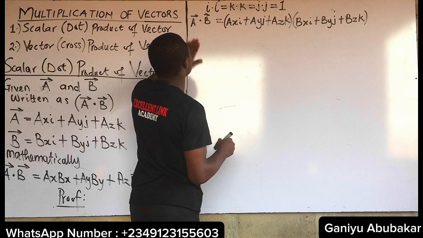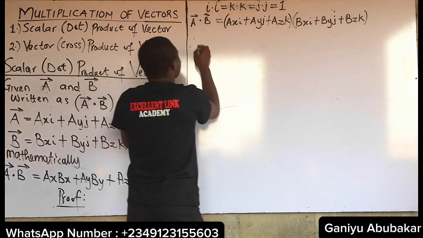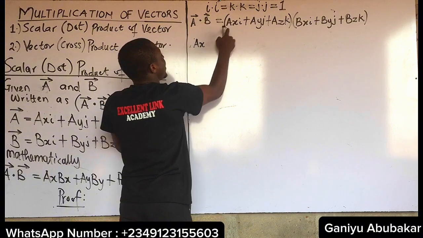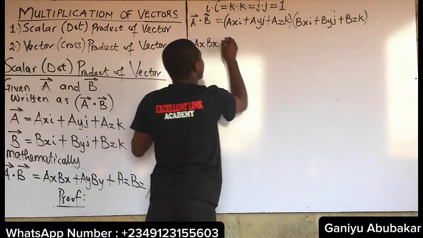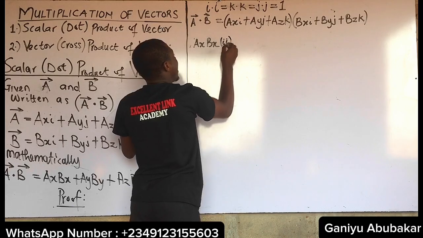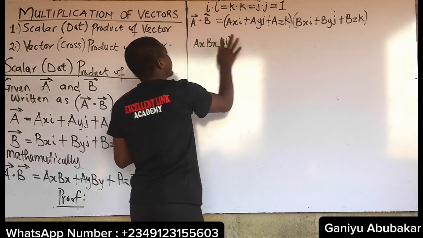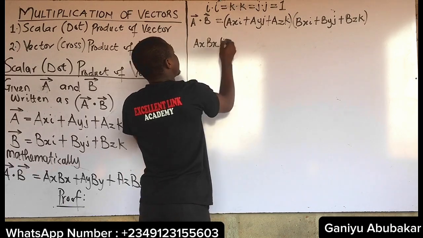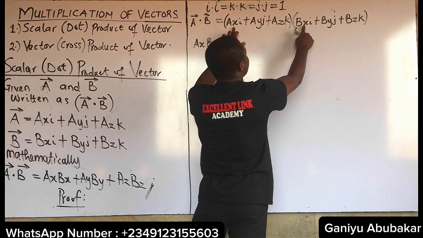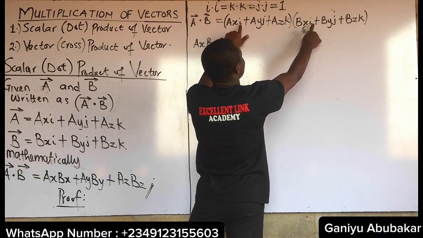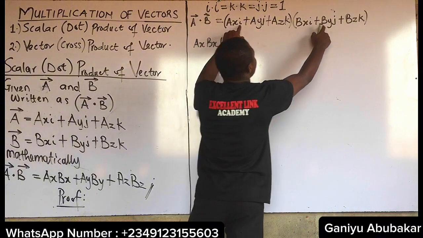AX i multiply BX i, I'll have AX BX, i multiplied by i, plus AX i multiply BY j.